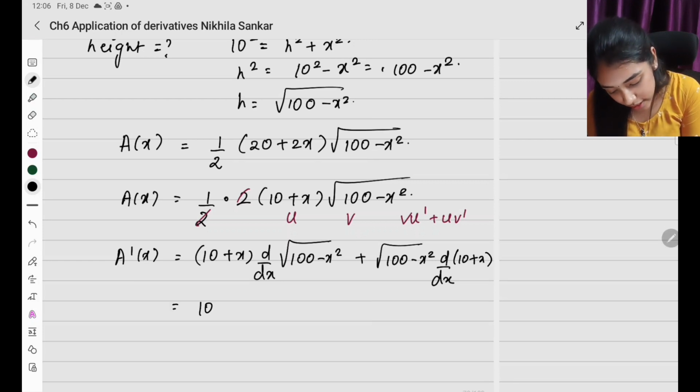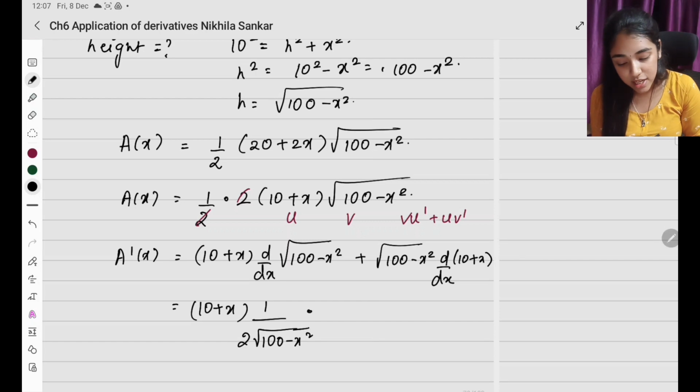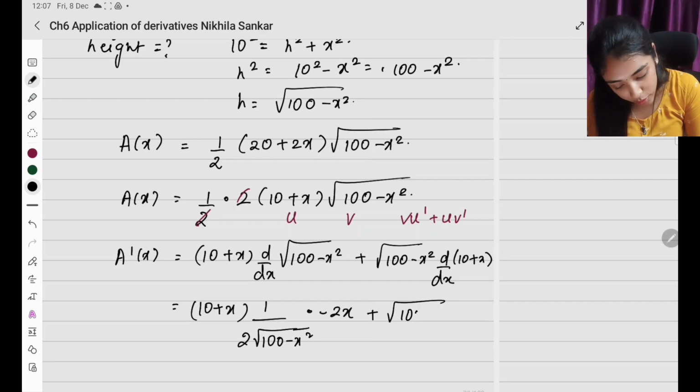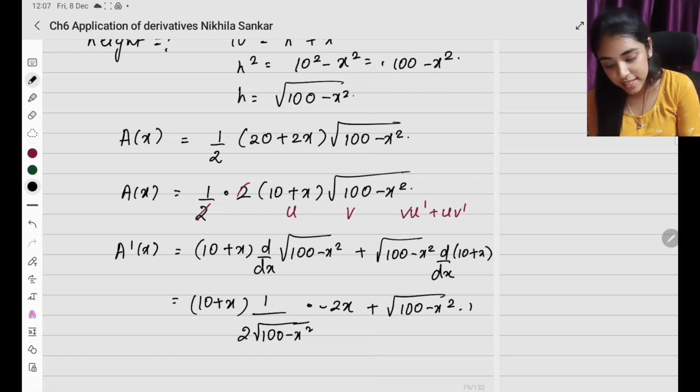So I have 10 plus x times 1 by 2 root of 100 minus x square, times the derivative of the function inside. Minus x square differentiated gives minus 2x. Plus square root of 100 minus x square times 1, since d by dx of 10 plus x is 1.